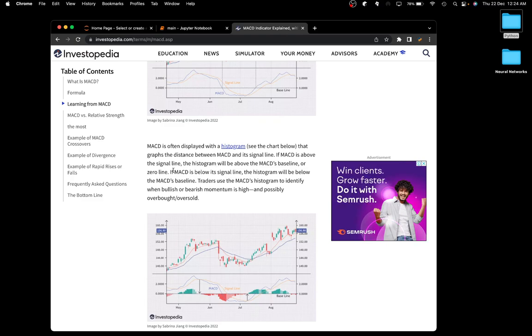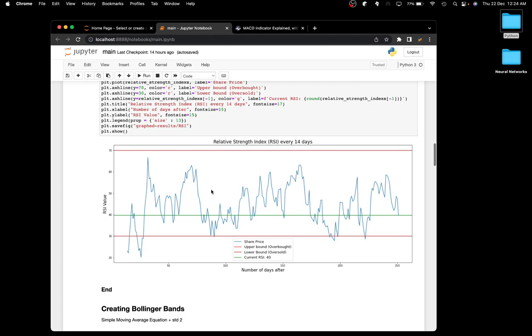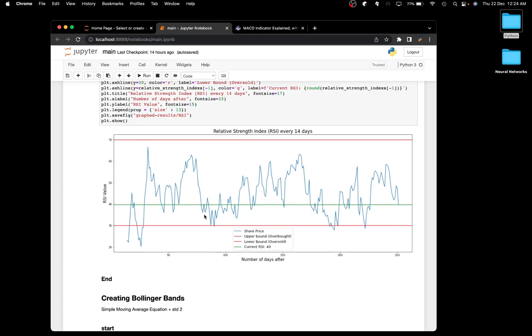This is an important thing: if MACD is below the signal line, the histogram will be below the MACD baseline. Traders will use the MACD histogram to identify when bullish or bearish momentum is high and possibly overbought or oversold, which can be seen at the points when the MACD crosses the signal line and falls down. When you compare it to the RSI, we are looking at a very low RSI in this area.